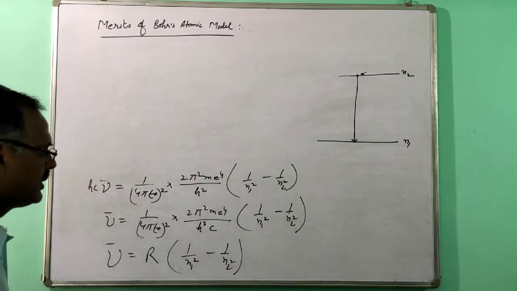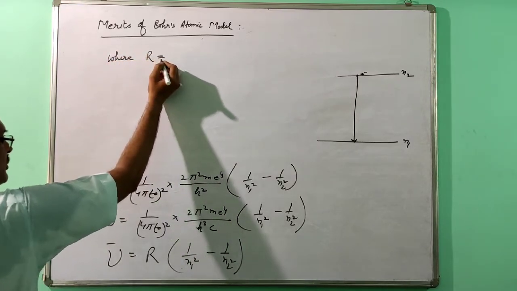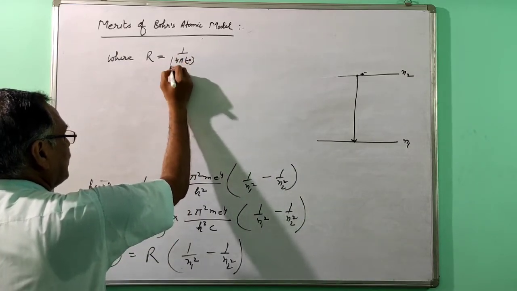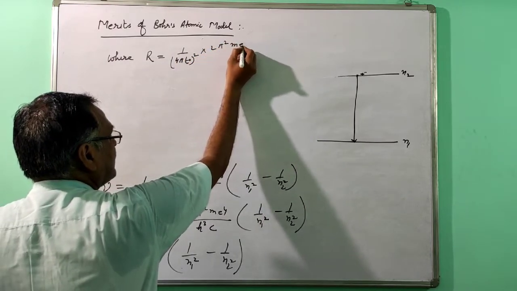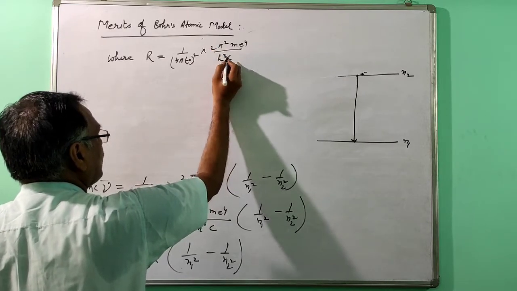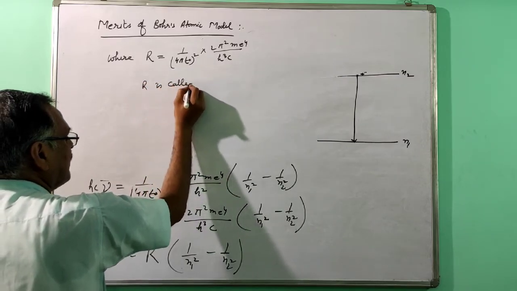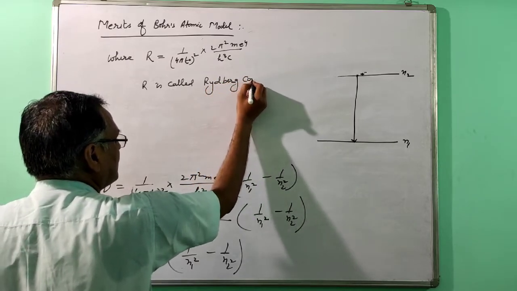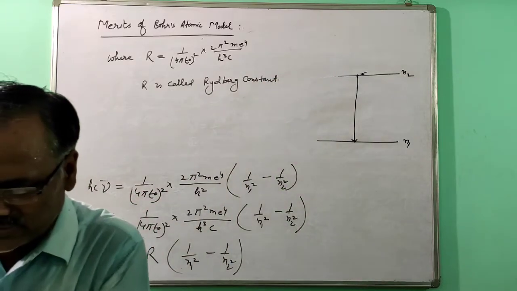R is equal to 1 upon 4 pi epsilon naught whole square, 2 pi square me power 4 by h cube c, and R is called the Rydberg constant.